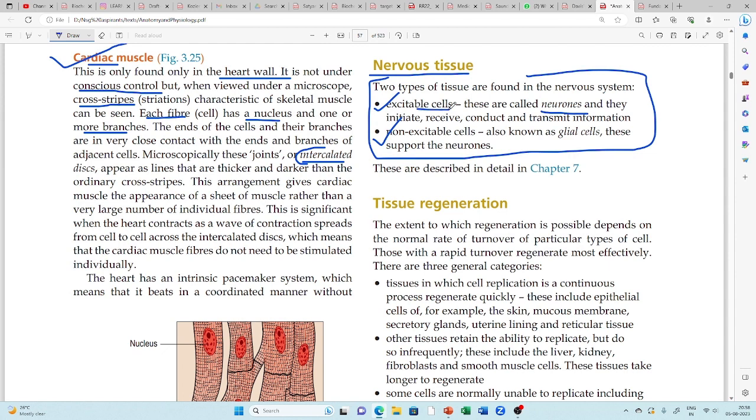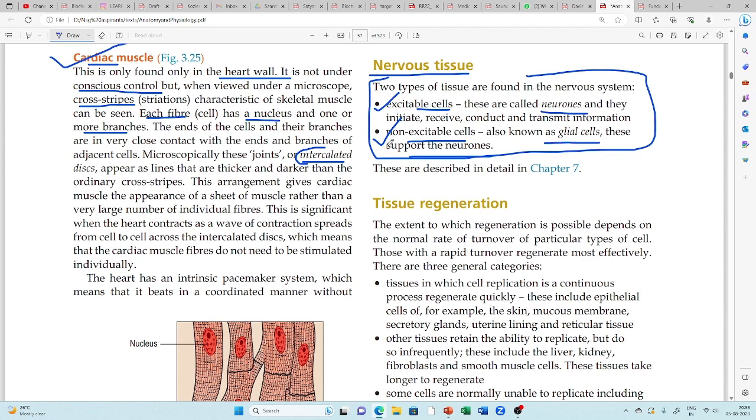Excitable cells means neurons, and non-excitable cells means the supporting cells found near the neurons, otherwise known as glial cells. The function of non-excitable cells or glial cells is supporting the neurons. Neurons are the excitable cells and the glial cells are the non-excitable cells which give support for neurons.